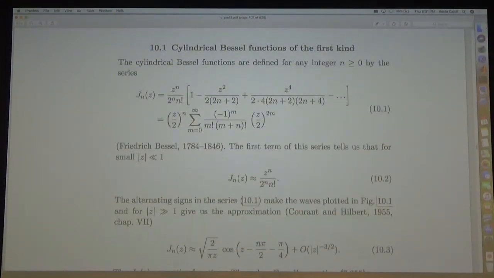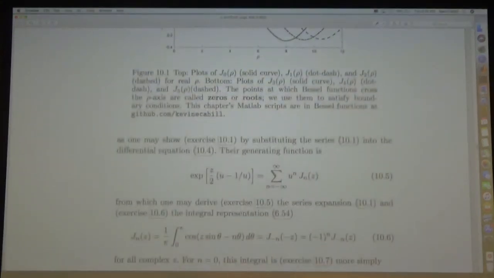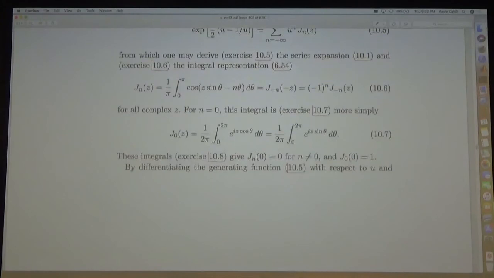If you have negative n, that series expansion isn't very convenient because you've got 0 factorials occurring. But this integral expression, which comes from the generating function, allows you to define Jn of minus z.